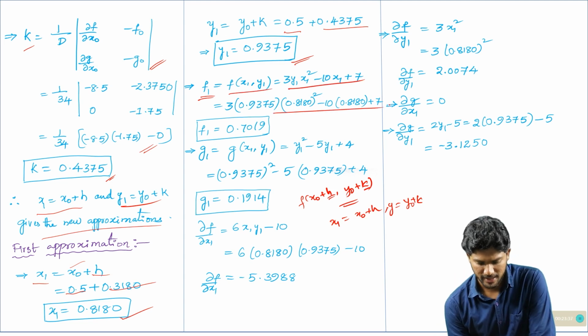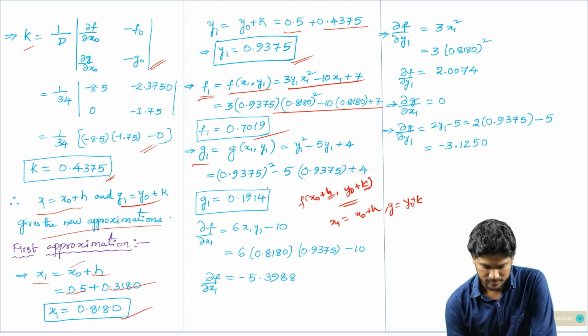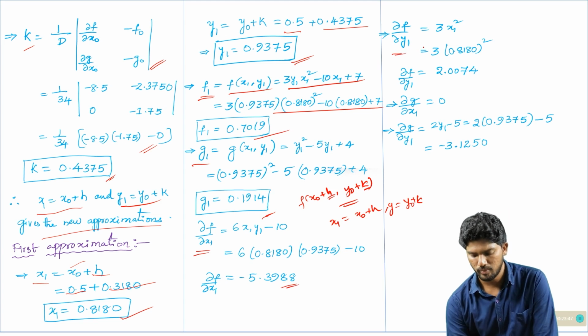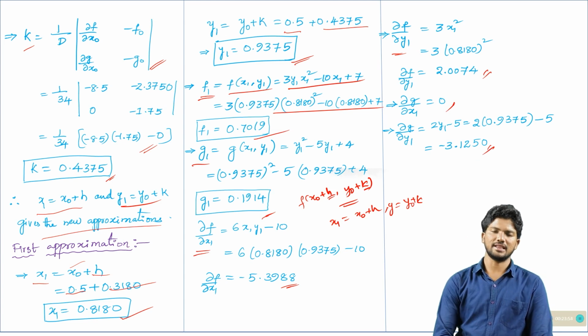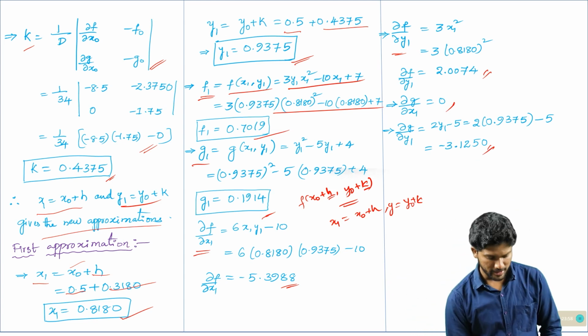Substitute the corresponding values and simplify, and you will get the f₁ value, the g₁ value, ∂f/∂x₁, ∂f/∂y₁, ∂g/∂x₁ and ∂g/∂y₁. After getting all those values, apply the determinant.